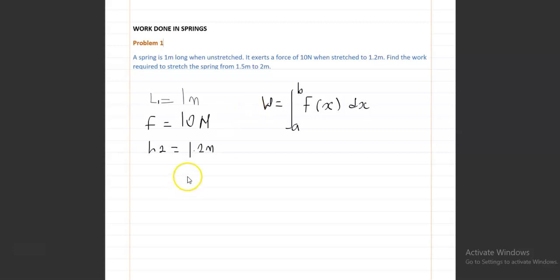Our force function f of x is equal to the spring constant times x.